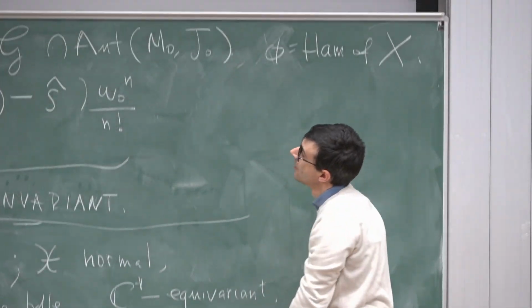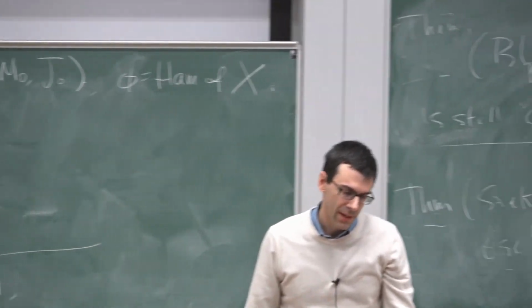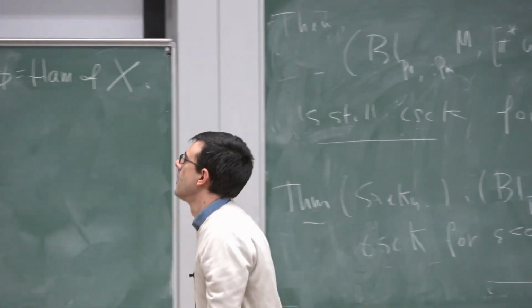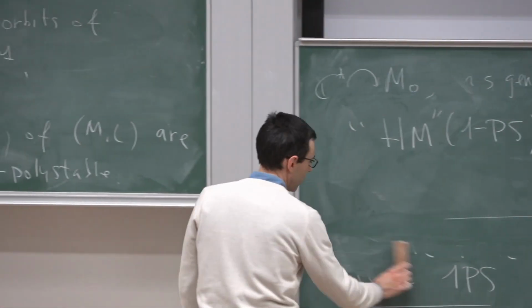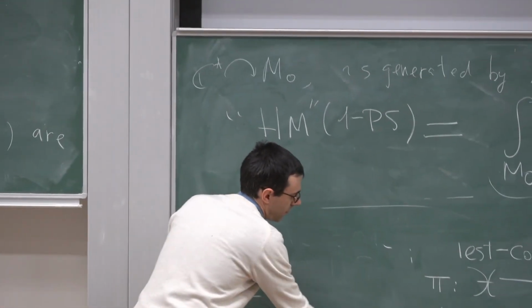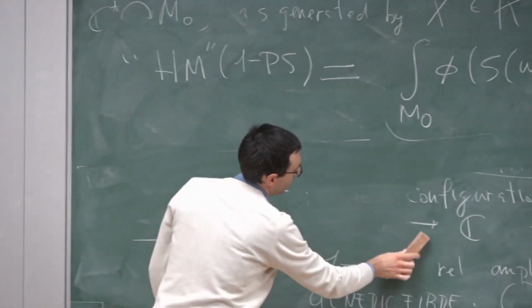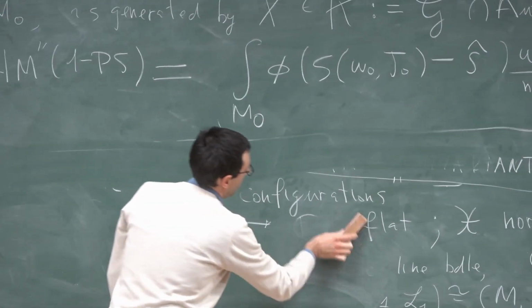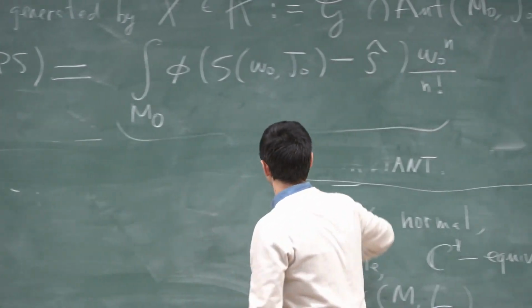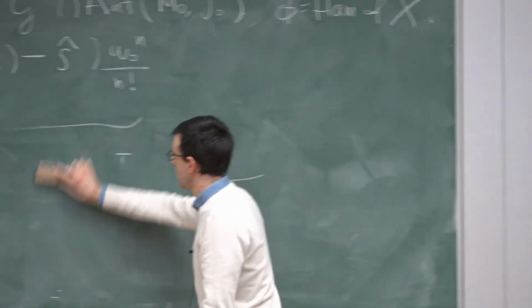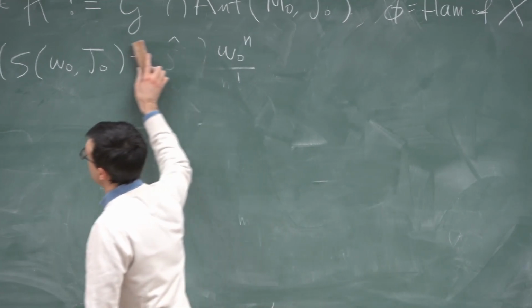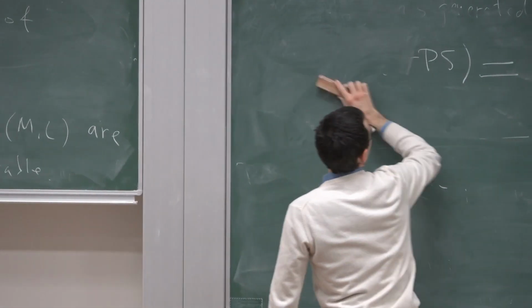Okay, so let me just give you the example. People know how to do it for del Pezzos for sure, and also for Fano threefolds, I think the construction is more or less complete. For example, if you start from the cubic surface, then the compactification is described quite easily as follows.